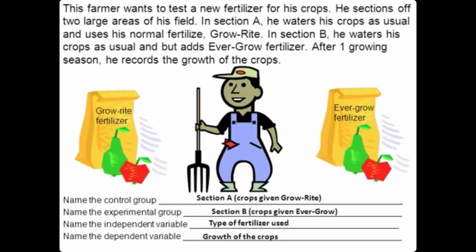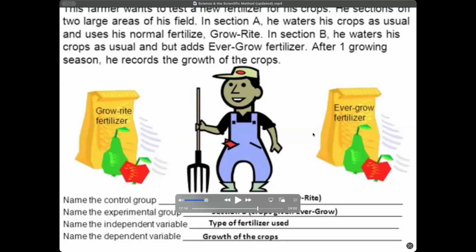I thought the dependent variable would actually be the answer, section B, crops given Evergrow. So I said the result of the growth. So Chris, you got it right. I got it wrong. Okay. Let's go on. There are 2 more, and they get a little trickier. Well, you'll see.